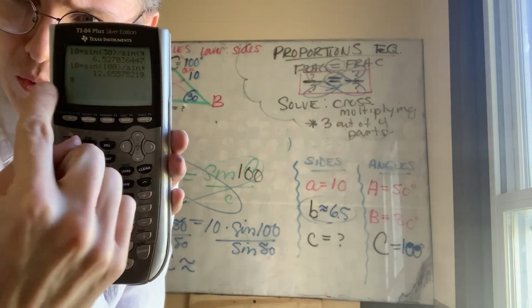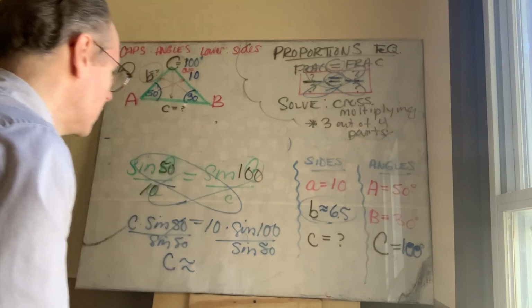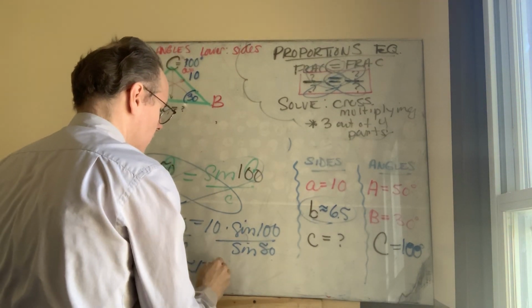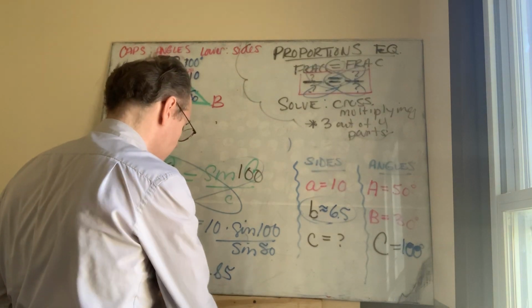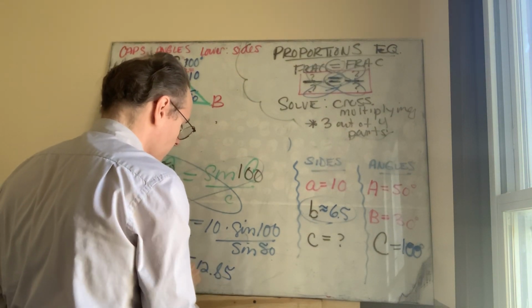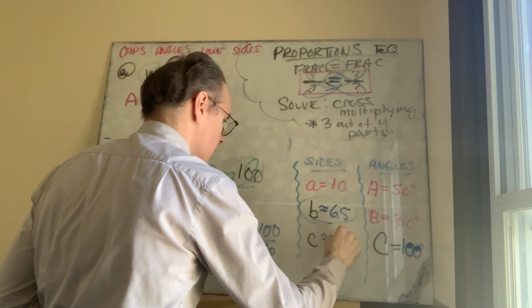I'm going to round to 12.9. That would be appropriate. It's about equal to 12.9.